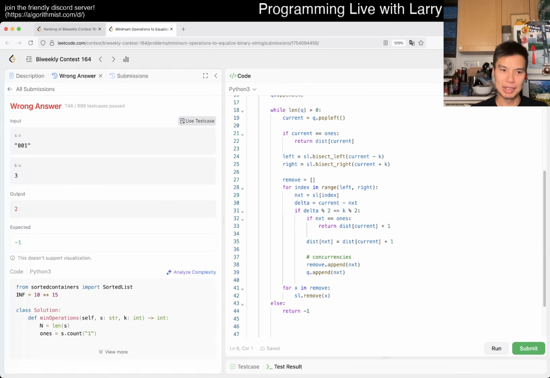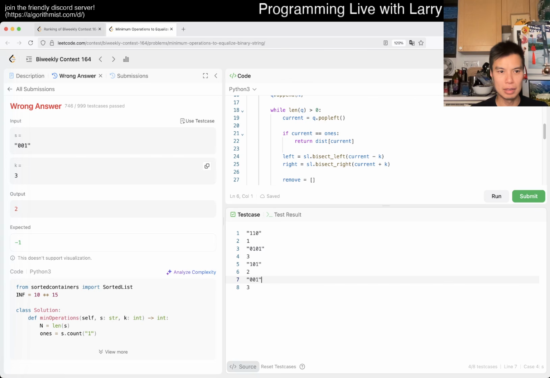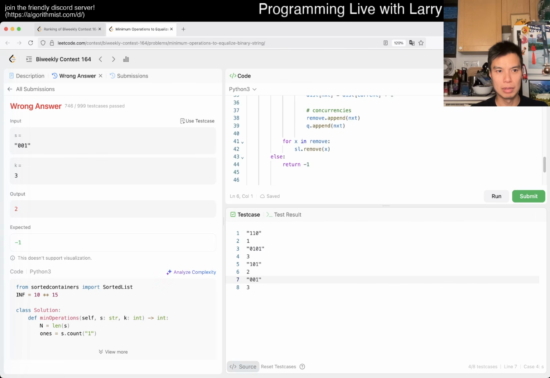Ooh, wrong answer is a little bit tougher to take though. 3. Why did I put 2? Oh, okay, I see. So I messed up a little bit.